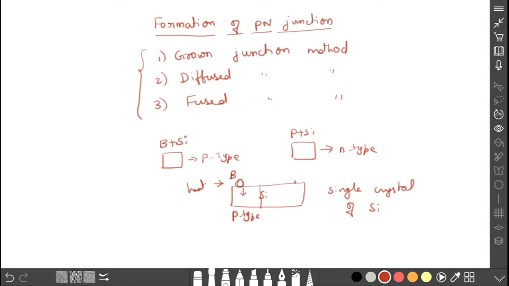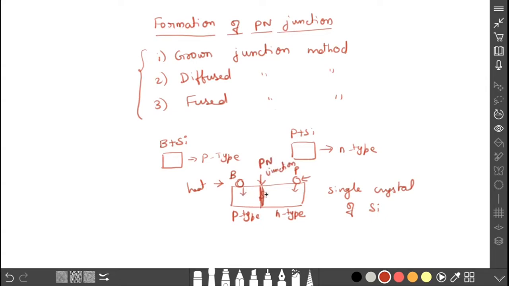The same thing is done for phosphorus: they take the phosphorus and give it heat treatment, so the phosphorus gets into the silicon material and produces n-type semiconductor. In this way they form the PN junction. Where the p and n are combined together, this area is called the PN junction.